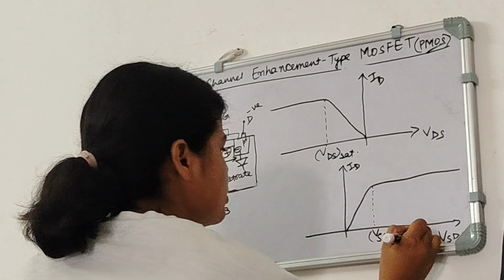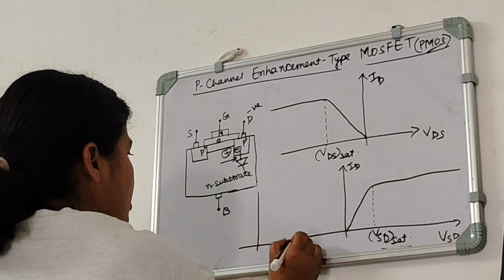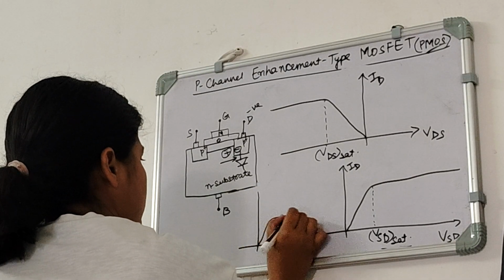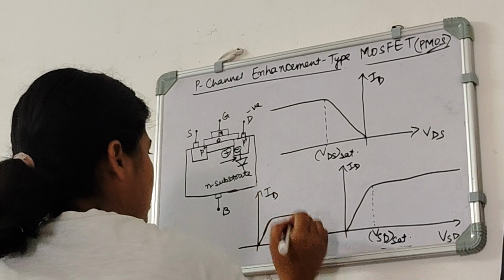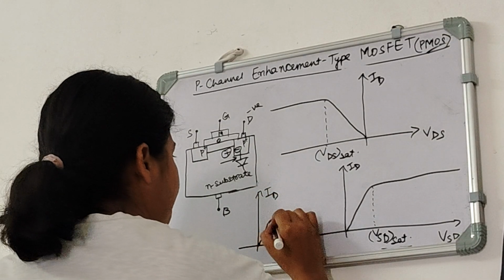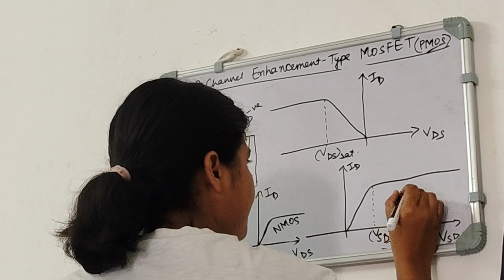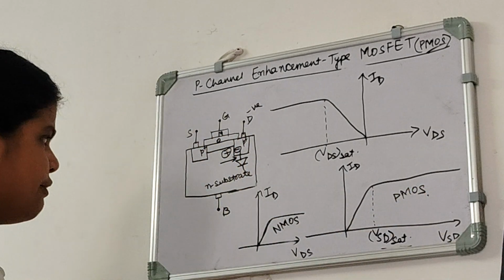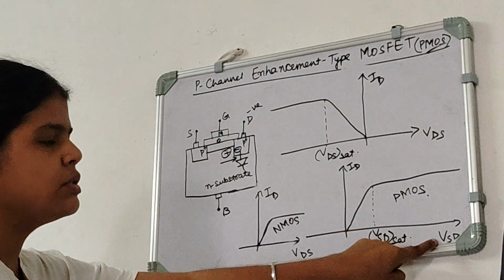It is also the same as the curve of ID versus VDS for NMOS. The only difference in these two curves is that here we are using VDS and here we are using VSD.